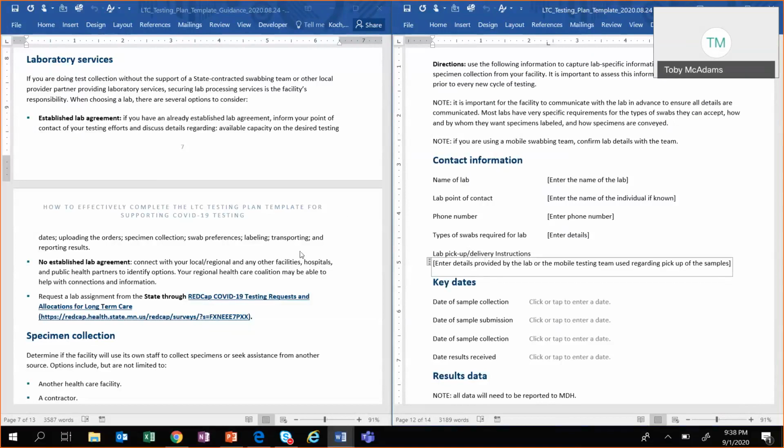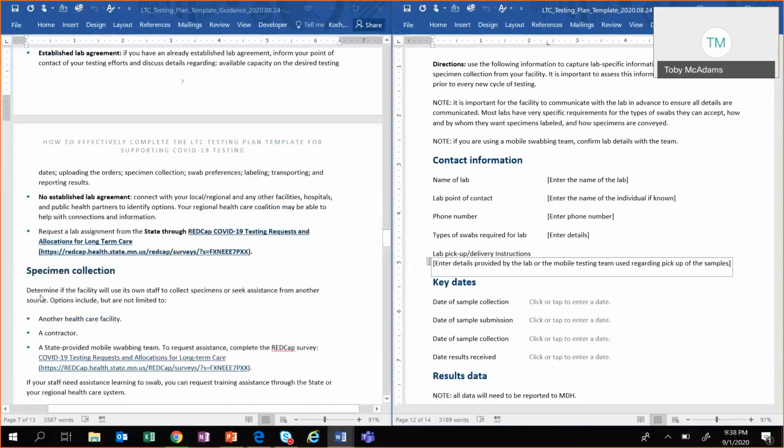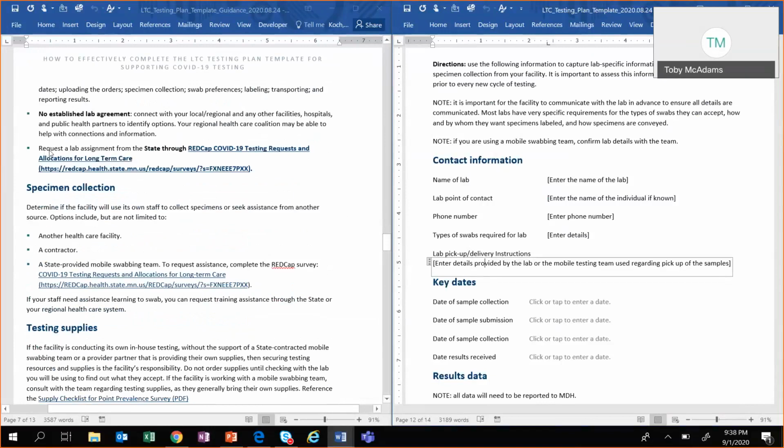Now, one thing to point out, and it's indicated here on the guidance side on the left-hand side, is that you can request lab assignments through the state EOC. So if you decide to do testing on your own in-house and you need a lab to process your specimens, then feel free to reach out through the REDCap survey that you all are comfortable with now for requesting assistance for testing, and indicate there that you would like assistance with lab services as well.